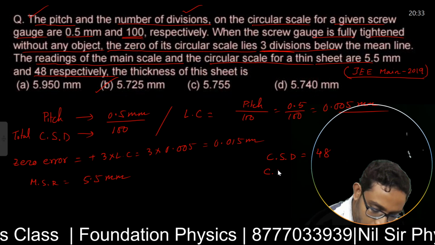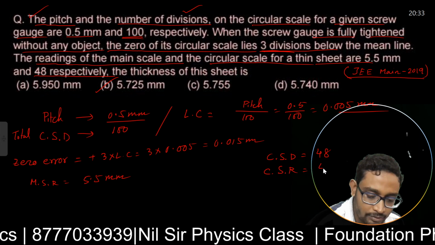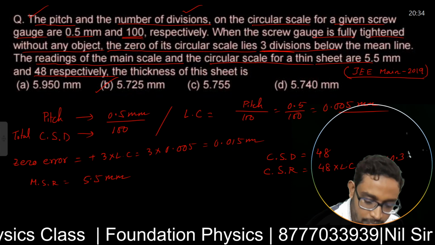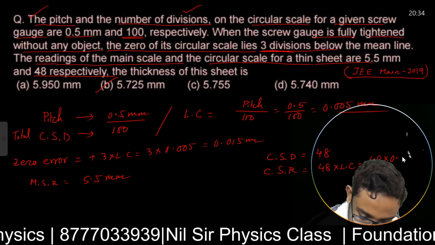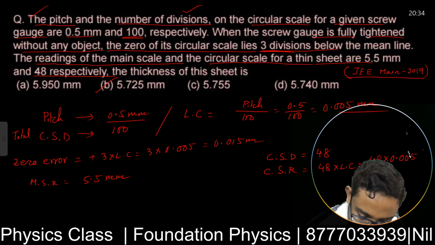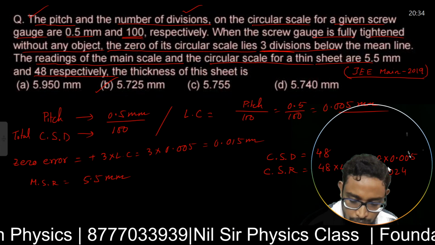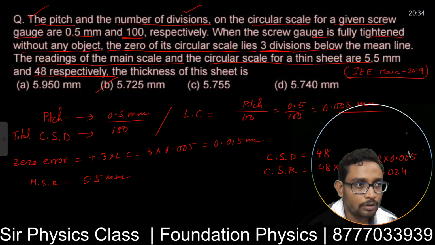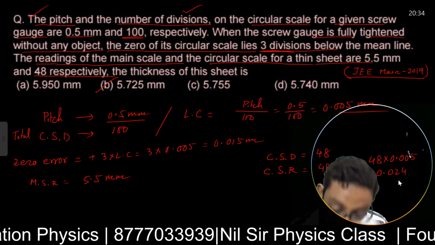Can we calculate the circular scale reading? 48 times the least count, 48 in 0.005, 0.024, 0.240, sorry, 48 multiplied by 0.005.